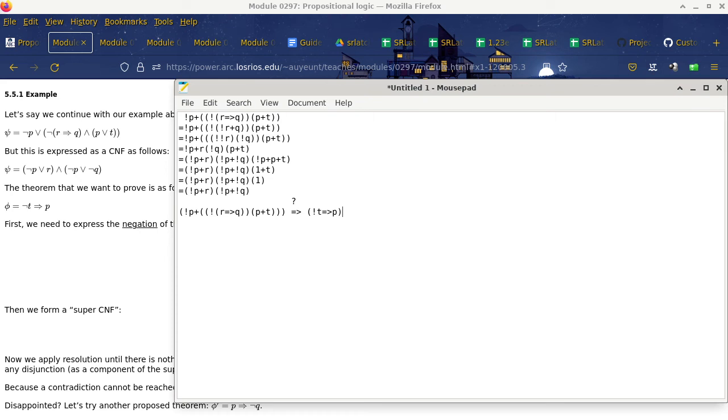So the technique to do this is, once we have the CNF corresponding to psi, now we want the CNF corresponding to phi, but not just phi, a negated phi. So we look at phi, which in this case is not T implies P, but I don't want to convert phi into a CNF. I want to convert not phi into a CNF.